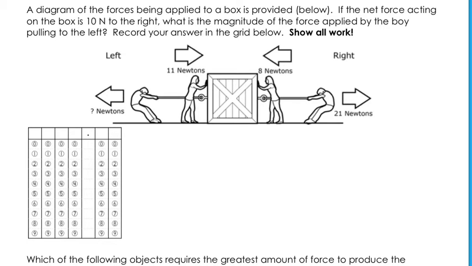What you got to do is add up all of the forces going to the right, and that's going to leave you with how many newtons are going to be here. So your answer is going to be as if the box had balanced forces on it. So you know how many newtons are going to the right. You know one of the forces that's going to the left. So calculate how many newtons this guy is pulling with right here.